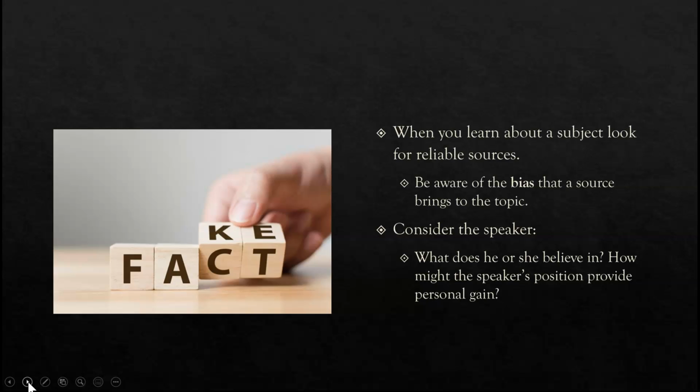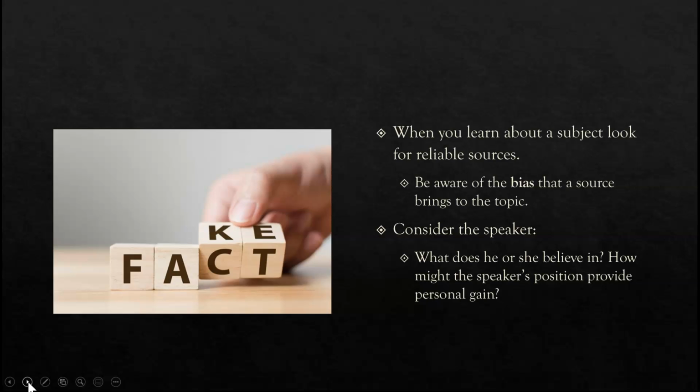Consider the speaker when talking about bias. What does he or she believe in? How might the speaker's position provide personal gain? Consider whether the speaker of the source that you're reading has a personal investment in the thing that they're talking about. For example, we've used the Coca-Cola company in the past, right?